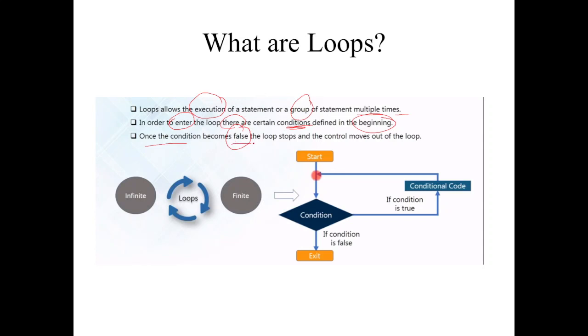Otherwise, if the condition becomes false, then the loop stops, and the control will move out of the loop. So we can say that the loop has a specific number of iterations based on a condition. As soon as the condition becomes false, the compiler will move out of the loop. In this way it works.